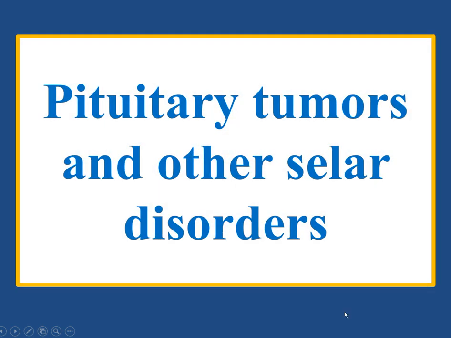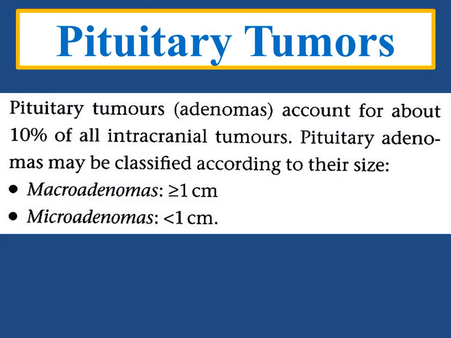Disorders: pituitary tumors and other sellar disorders. Pituitary tumors, adenomas, account for about 10% of all intracranial tumors. Pituitary adenomas may be classified according to their size. Macroadenomas are equal to or more than 1 centimeter in greatest dimension, and microadenomas are less than 1 centimeter.